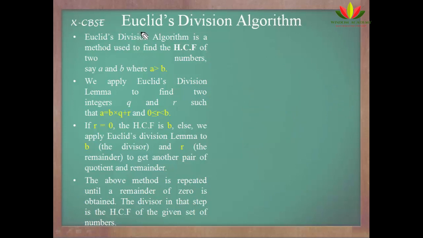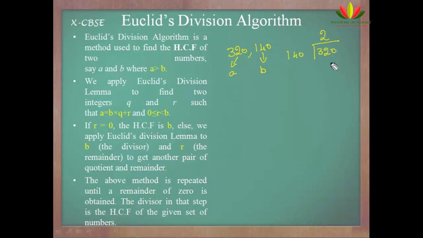Using this Euclid division algorithm, we are able to find the HCF of two numbers. For example, if I am taking the numbers 320 and 140, what is the HCF of these two numbers? If I want to find this, the first step is, in these two numbers, whichever is greater, I assign that number as A, and the other number will automatically become B. So now I want to divide these two numbers, that is 320 divided by 140.